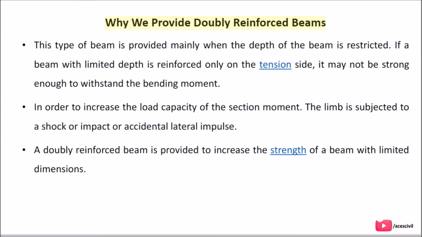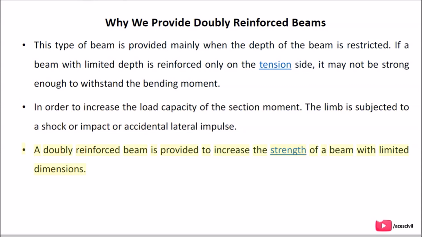Why do we provide doubly reinforced beams? This type of beam is provided mainly when the depth of the beam is restricted. If a beam with limited depth is reinforced only on the tension side, it may not be strong enough to withstand the bending moment. In order to increase the moment capacity of the section, the member may also be subjected to shock or impact or accidental lateral impulse.